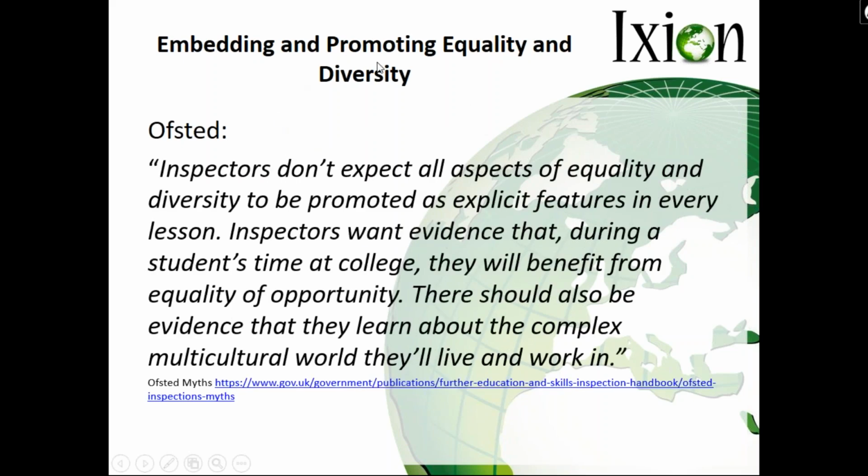So let's briefly look at embedding and promoting equality and diversity. Now, Ofsted inspectors don't expect all aspects of equality and diversity to be promoted as explicit features in every lesson. Inspectors want evidence that during a student's time at college or a learner's time at a provider, they will benefit from equality of opportunity.